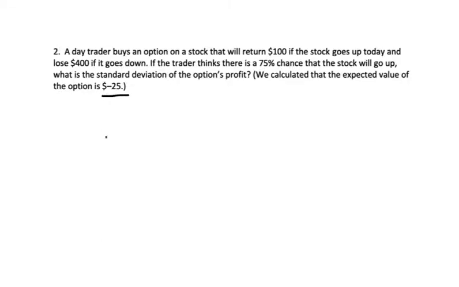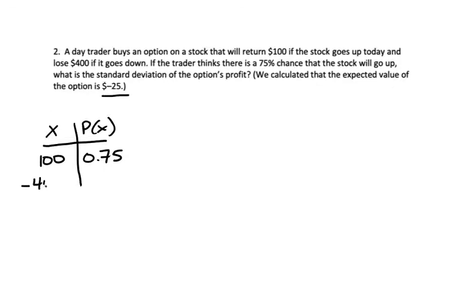Now notice in the first step, you always need to subtract the mean from each data value, and so you need to calculate the mean in order to calculate the standard deviation. So let's remake our probability table here. We gain $100 with a probability of 0.75, and we lose $400 with a probability of 0.25.